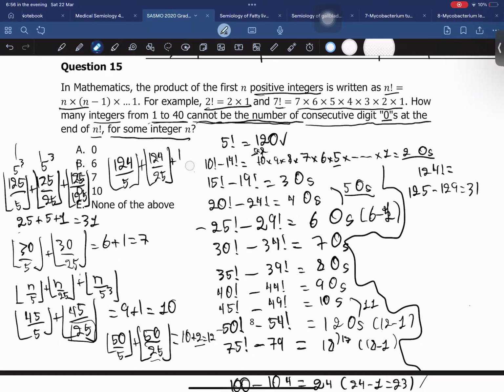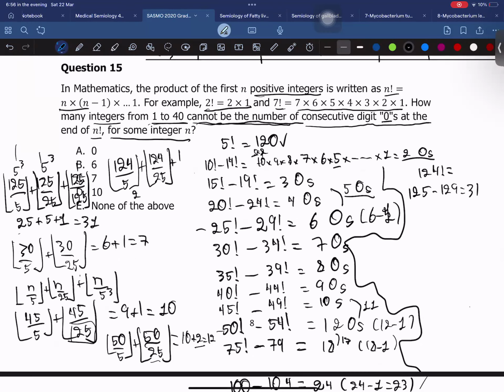So we have 24 plus 4. Why? Because 124 divided by 25, we only have 4 because of 100, so it cannot reach 125. So we have 28. Okay, in here we have 28.